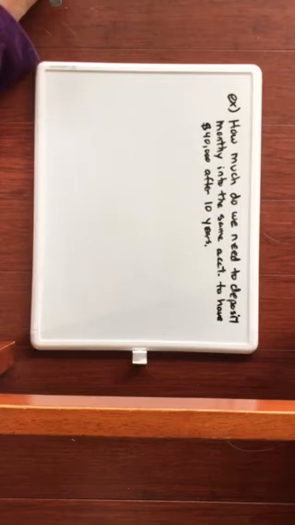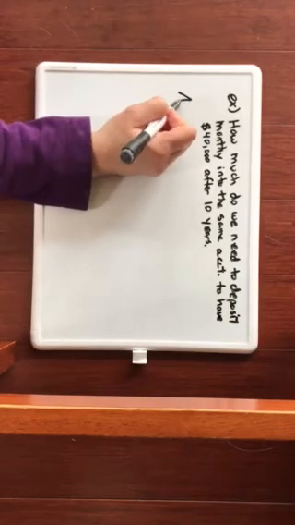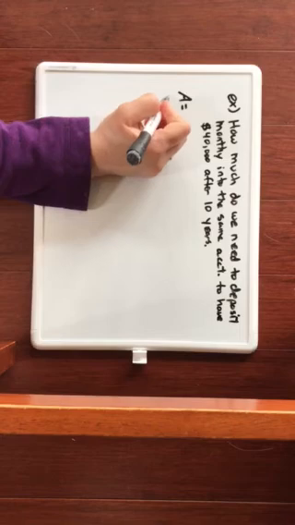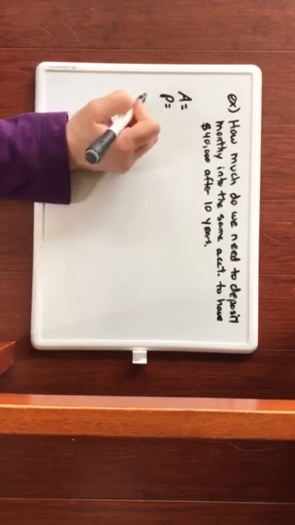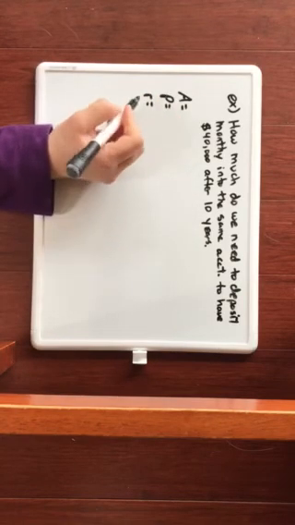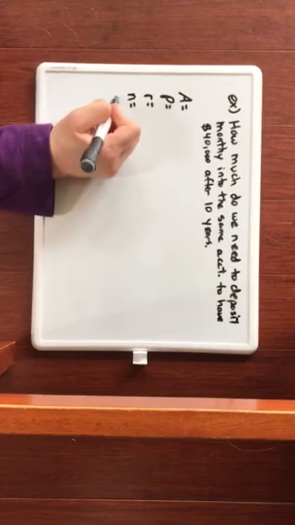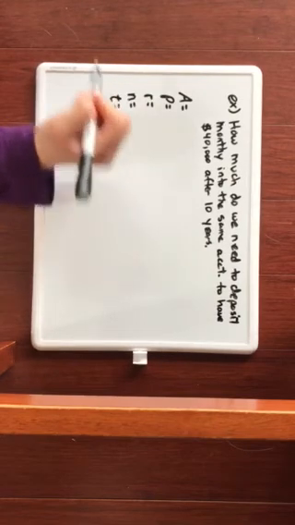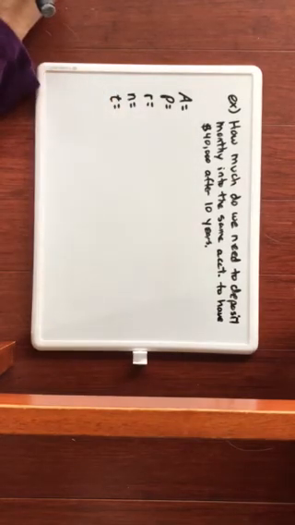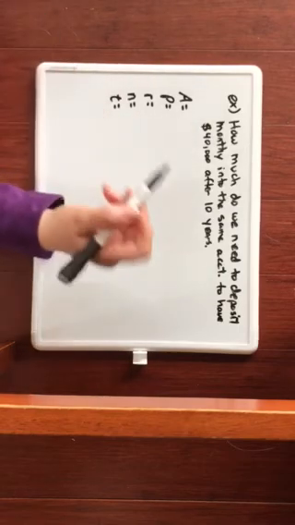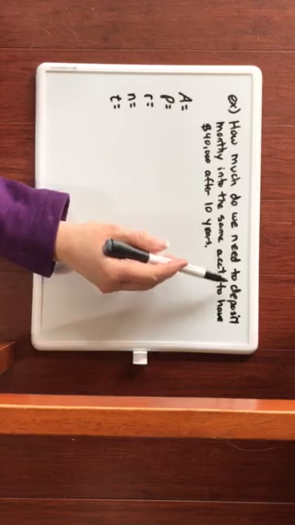Okay, so we're still depositing monthly, so we know we're using the annuity. It's the same account. So what we go off and do to the side is we put our A and our P, our R, N, and T. And now we look at the words and we put in what we do know. We put the question mark, what we're looking for. Well, let's read it again. How much do we need to deposit?